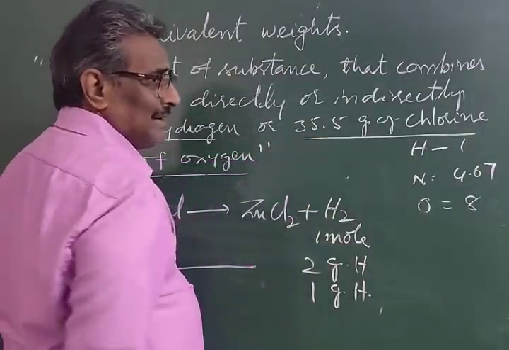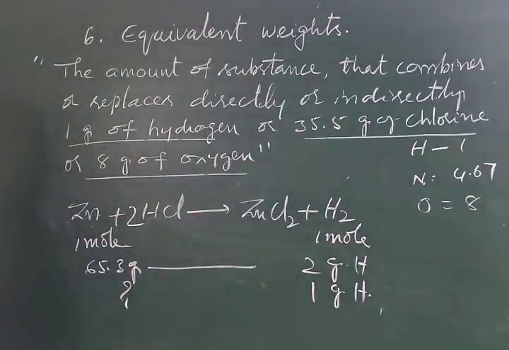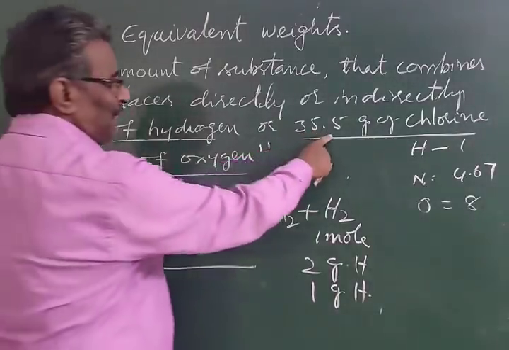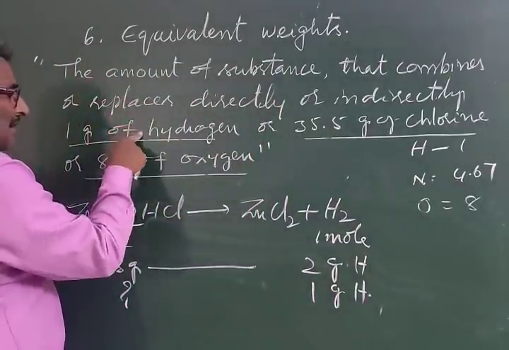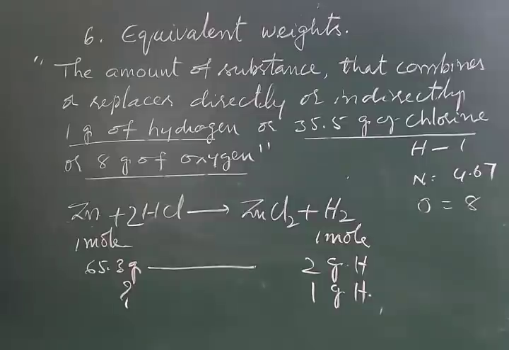the liberation or addition of 35.5 grams of chlorine or 8 grams of oxygen or 1 gram of hydrogen. 1 gram of hydrogen is equivalent to 35.5 grams of chlorine, that is equivalent to 8 grams of oxygen, that is equivalent to 4.67 grams of nitrogen, and so on.